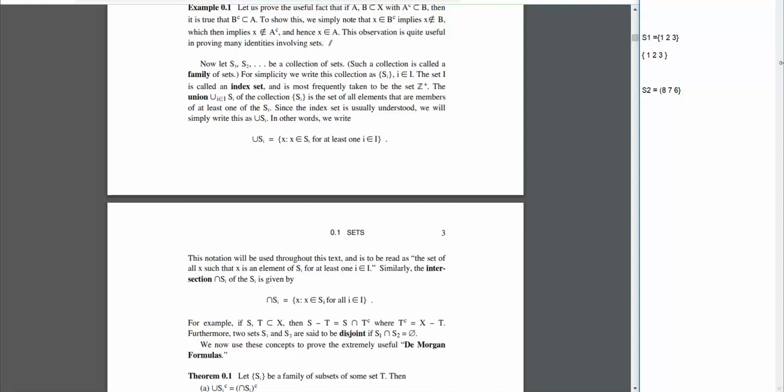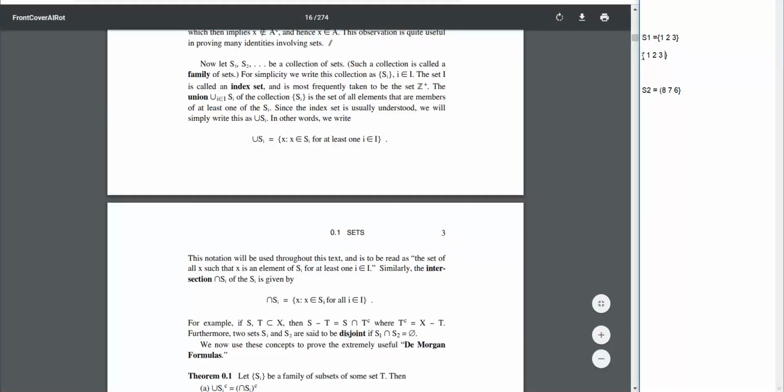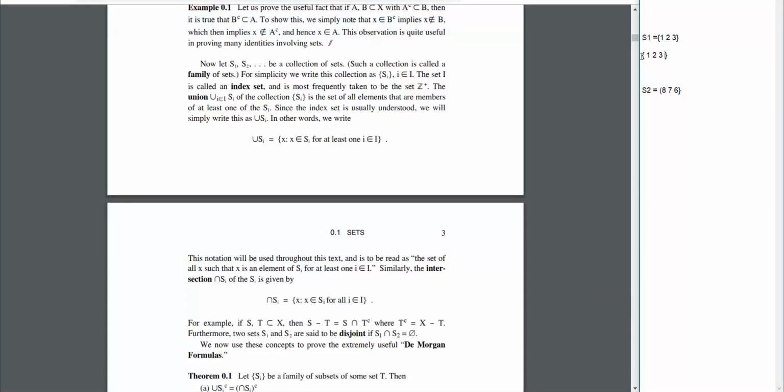Now if you go to S1 and S2 and merge these two together, then the union is basically 1, 2, 3, 8, 7, 6. So the union contains at least all of the members of one of the collection. It didn't say at most. So it's basically a logical explanation here.